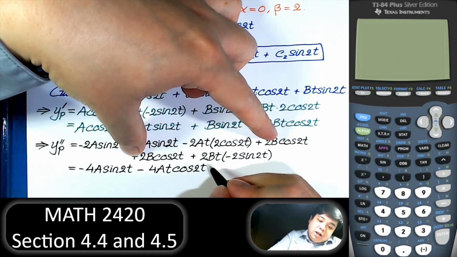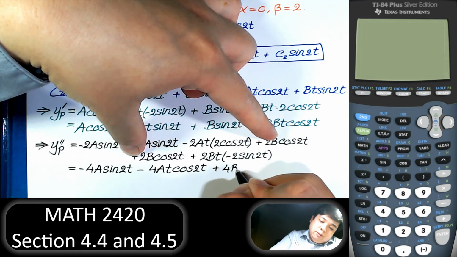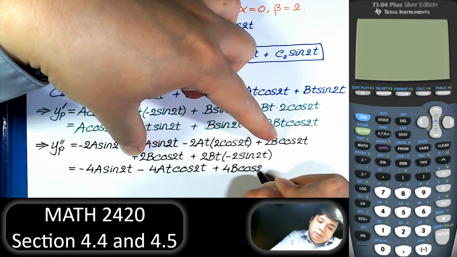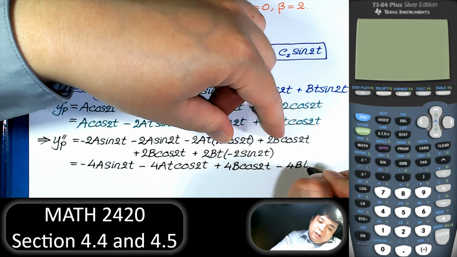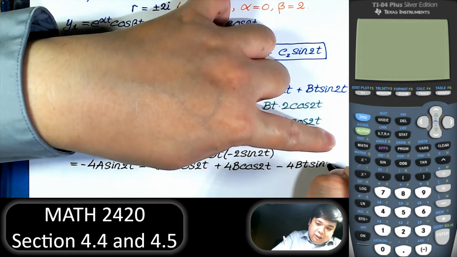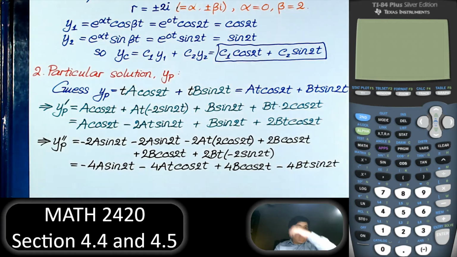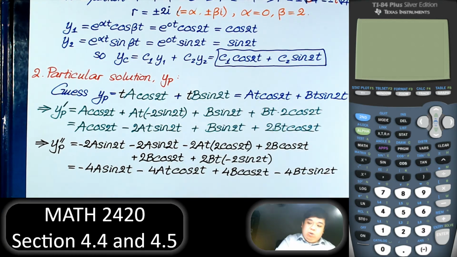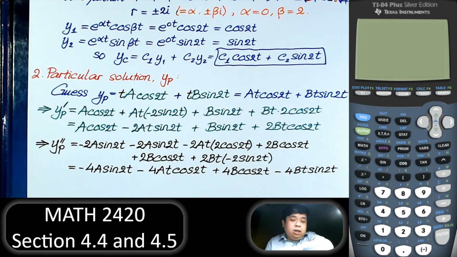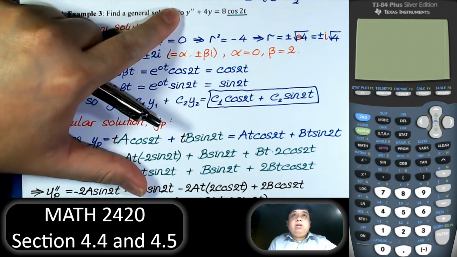These two terms are the same. And then minus 4bt sine of 2t. Right, so that is the second derivative. That is the function derivative.